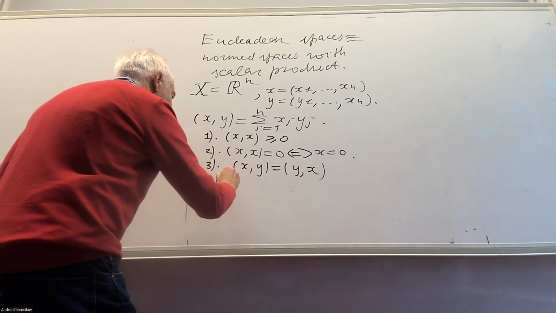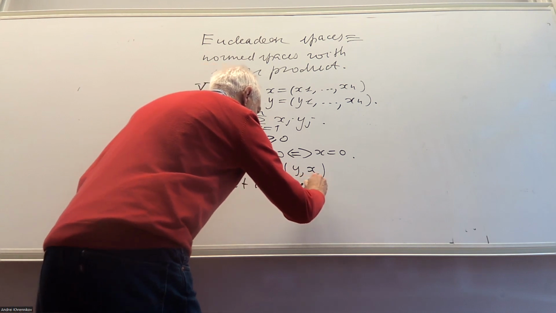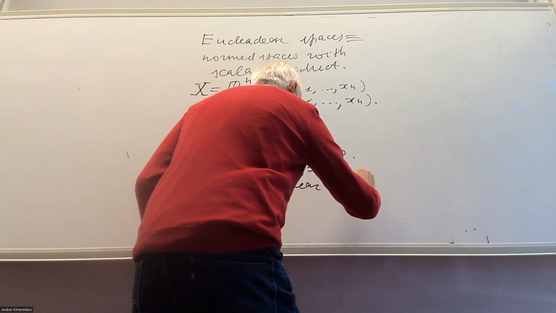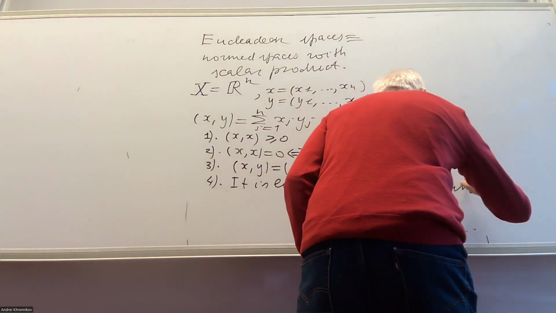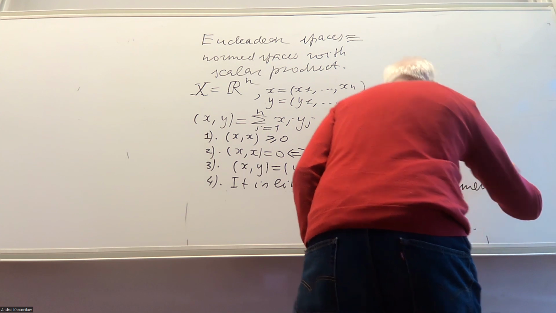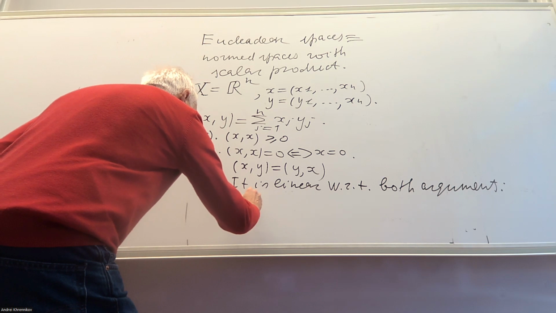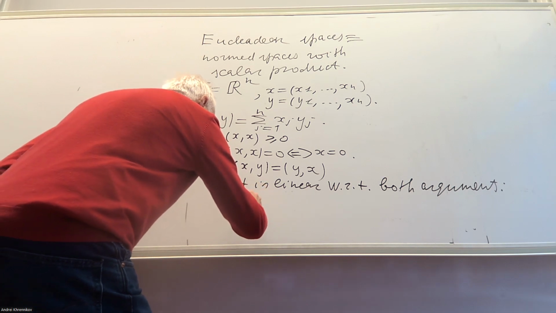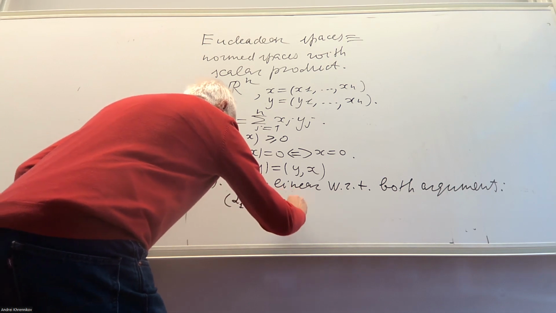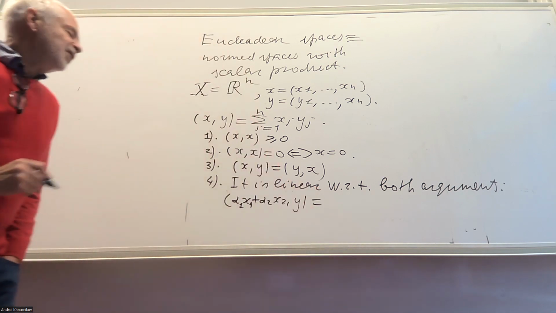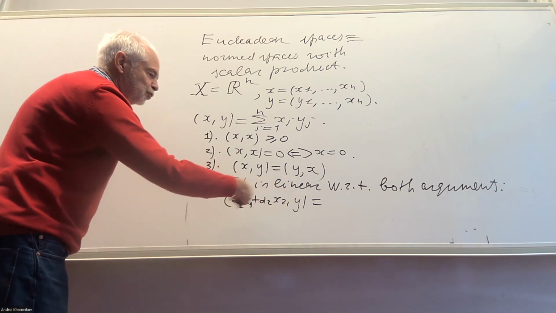Or it is linear with respect to both arguments. What does it mean, for example, for the first argument? If you multiply it by scalars, alpha 1 x1 plus alpha 2 x2, y, then we can open brackets and make it as usual.